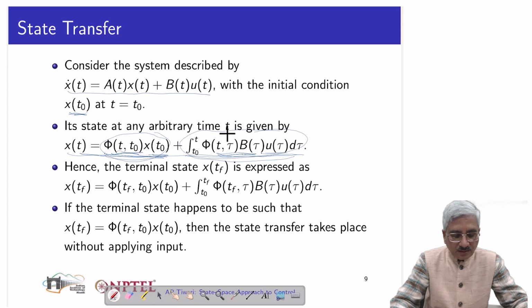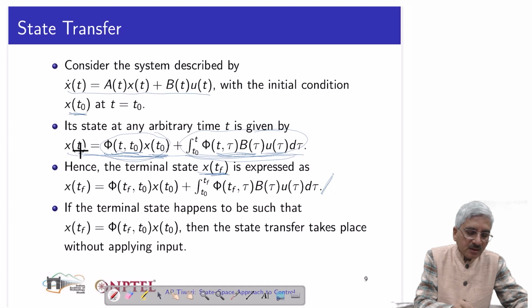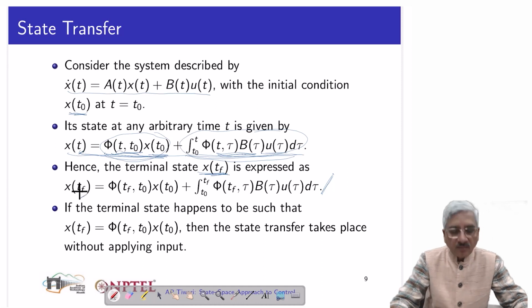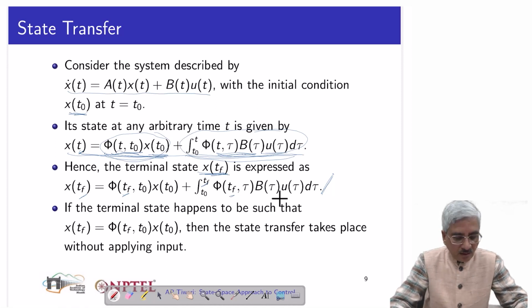Now let us say that, from this, at the terminal time t equal to tf, the state x(tf) can be given like this. We have substituted tf in place of t everywhere, and we get this expression.